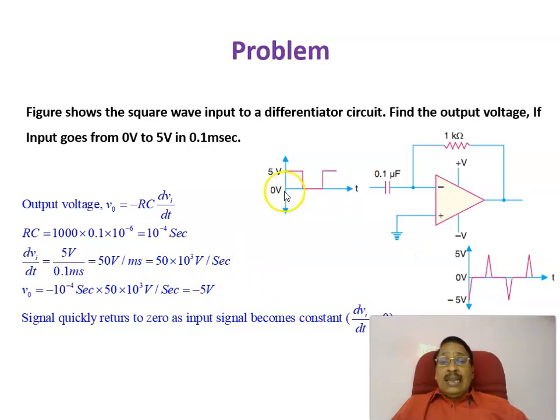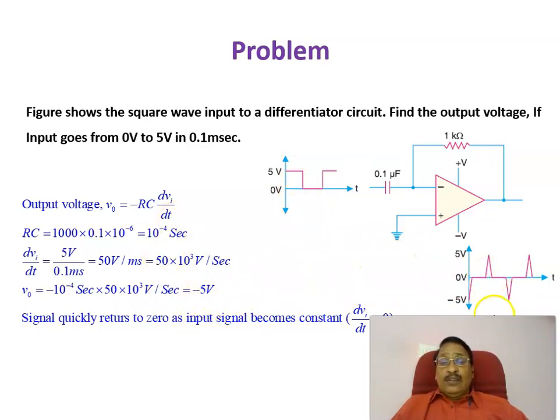As the input changes from 0 to 5 volt in 0.1 millisecond, here you will be getting a voltage spike of minus 5 volt. Again, if you come to this point, the voltage is changing from plus 5 to 0. Then at this point, if you calculate again, you will be getting plus 5.